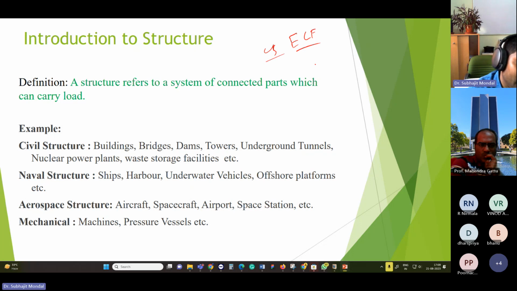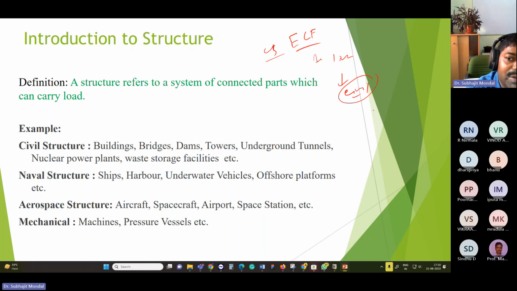Then it was applied in the aerospace industry, the mechanical industry, and then it came to our civil engineering problems. So those methods developed for computer science, electronics, aerospace or mechanical, we are using for civil engineering problems.